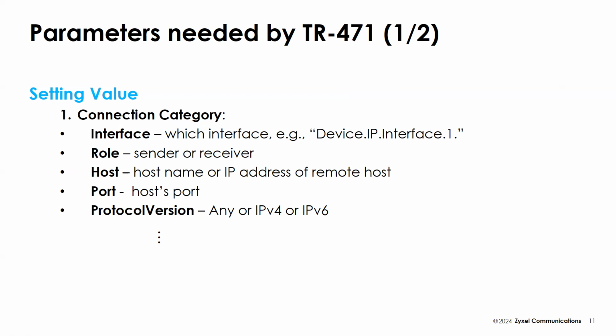The second one is the role, which tells us whether our device is a sender or the receiver during the speed test. There's also other information such as the host IP address and the port number of the host. This information is also important, because your device needs to know where the remote host is, so that you can perform a speed test with it.